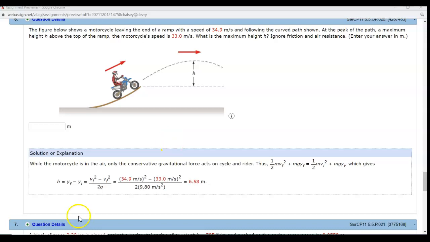So we derive that, and the height is going to be y final minus y initial. So to find y, I don't know why they wrote it that way. It's kind of, okay, weird.